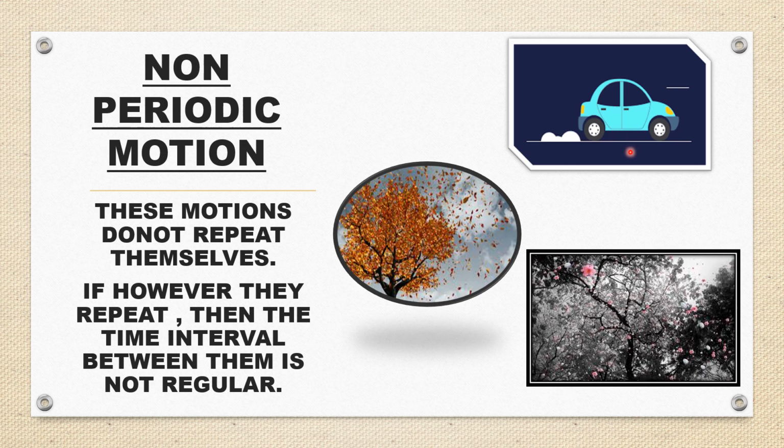Now again, motion of the car on the road. Now why do you call it a non-periodic motion? It's called non-periodic motion because हम लोग कभी fast जाते हैं, कभी बिल्कुल धीरे जाते हैं, like a snail's pace. So we do not know how fast we are covering the distance in that time or how slow. Like suppose you're caught in a traffic jam, okay, and it's really very heavy traffic.